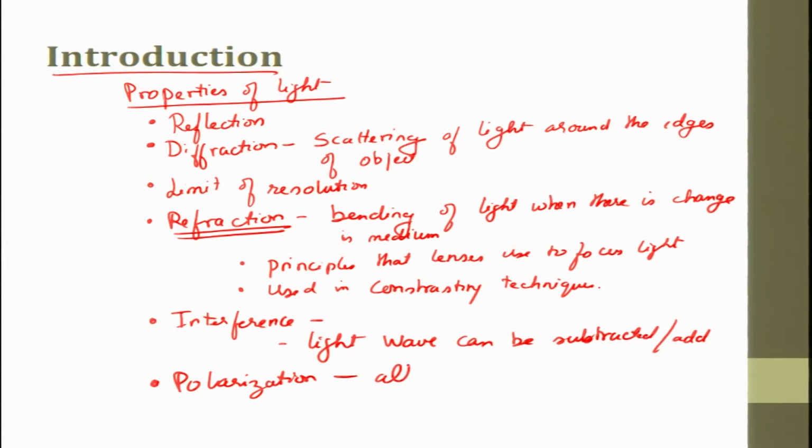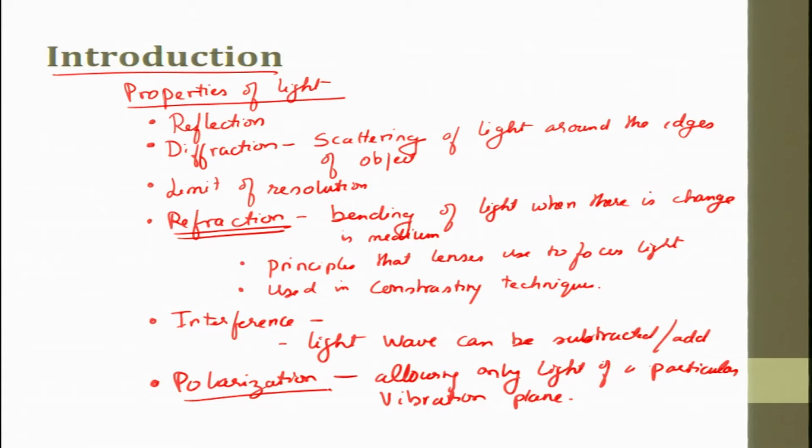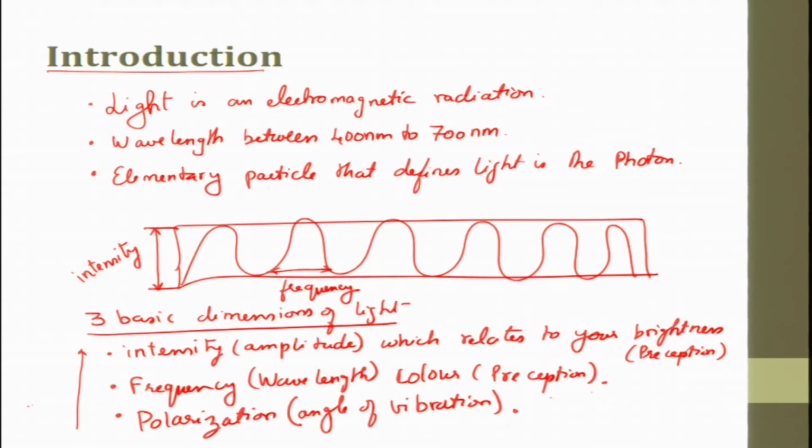So, allowing only light of a particular vibration plane. This is very, very important. A lot of applications use polarization in optical lenses. They are also used in spectacles. So, whatever we have discussed till now is the basics of light. Light is an electromagnetic radiation, so you can play with it.